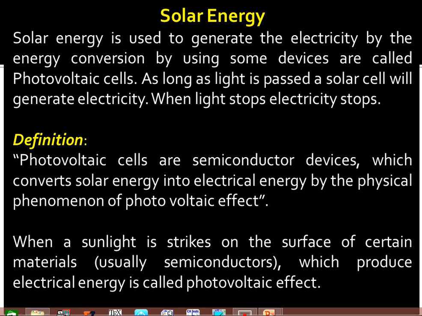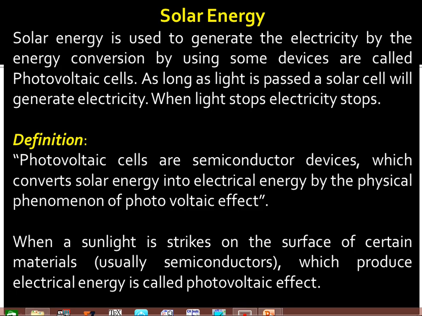While going through this concept, first of all we should know what is meant by a photovoltaic cell. Generally, a photovoltaic cell is made up of a semiconductor, especially silicon semiconductor. This silicon semiconductor is responsible for the conversion from solar energy into electrical energy through a physical process called the photovoltaic effect.